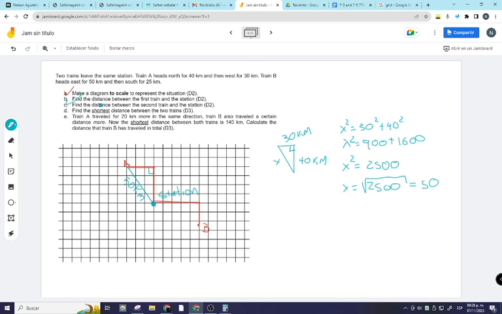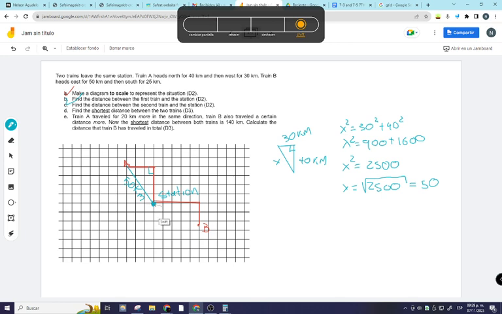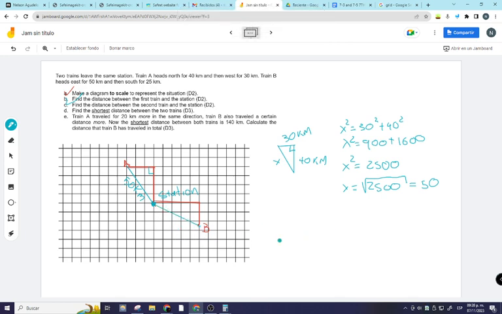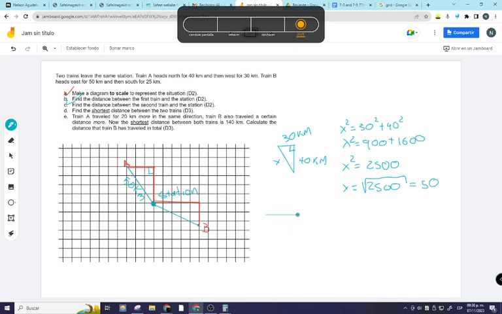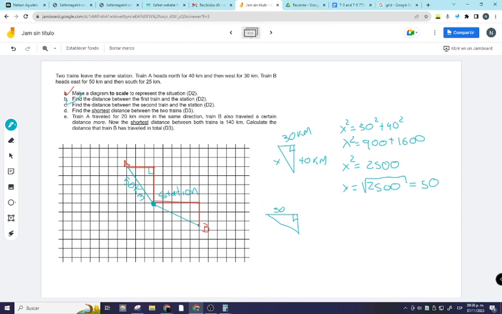Then we have to find the distance between the second train, which is B, and the station. Same thing. Let's redraw this triangle. So that would be something like this. This would be 50 kilometers, this 25 kilometers, and this, let's call it y.